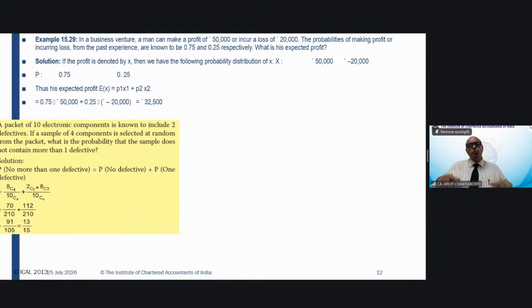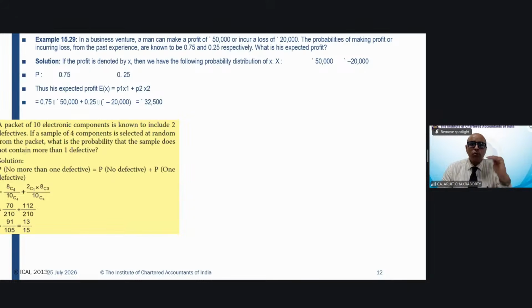Here, not more than 1 defective can have 2 events which favor this statement: either there is no defective or you have exactly 1 defective. The question says not more than 1. That means either I have 0 defectives or at most 1. I cannot have 2 defectives or more.